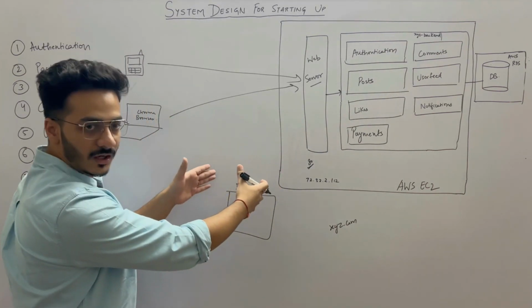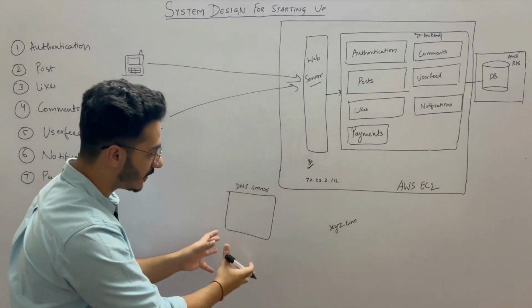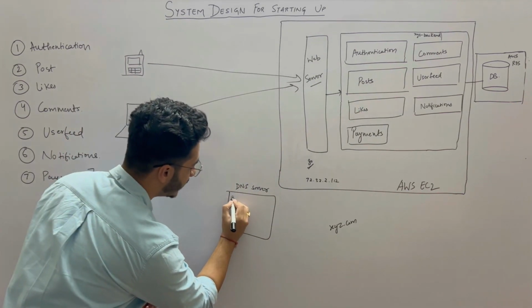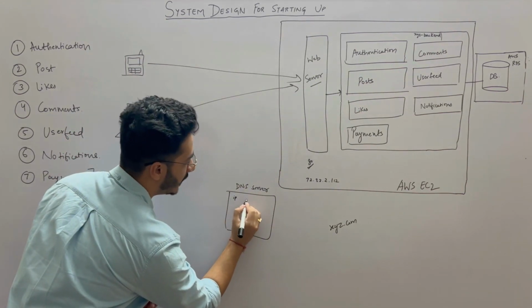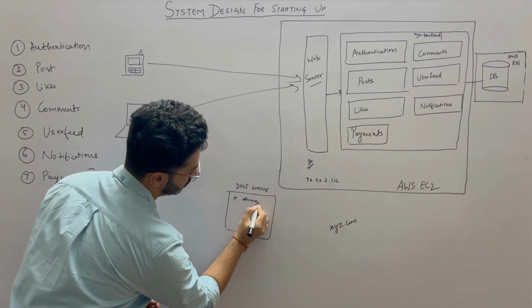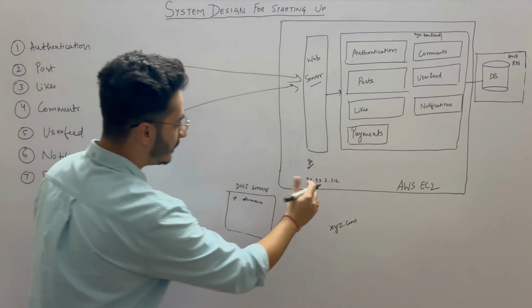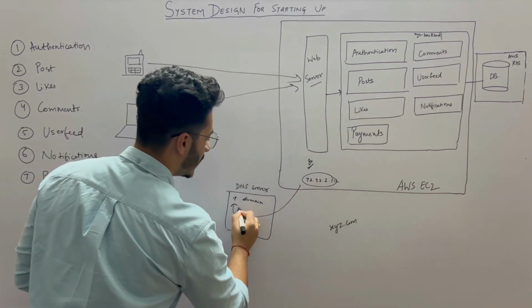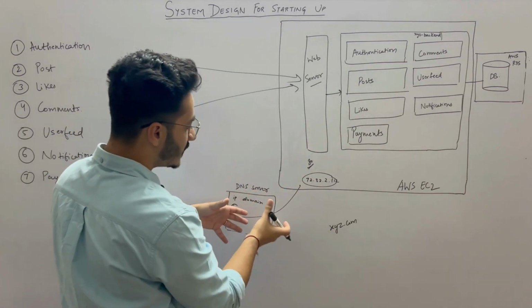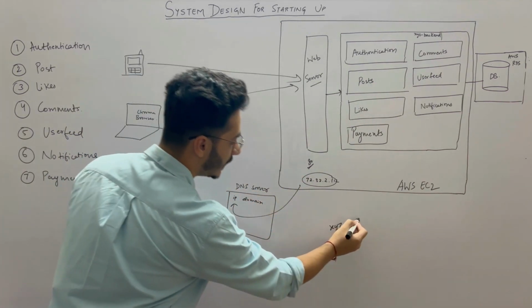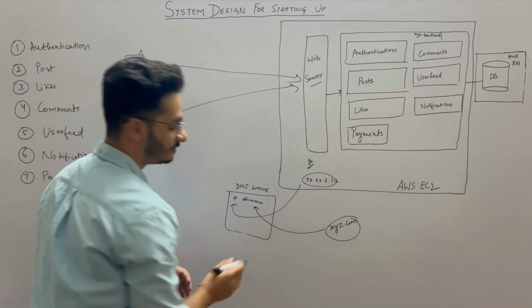So you will point this IP address, and this DNS server will hold a table kind of structure with fields like IP and domain. You will mention the IP address here, and point this domain to this IP address.